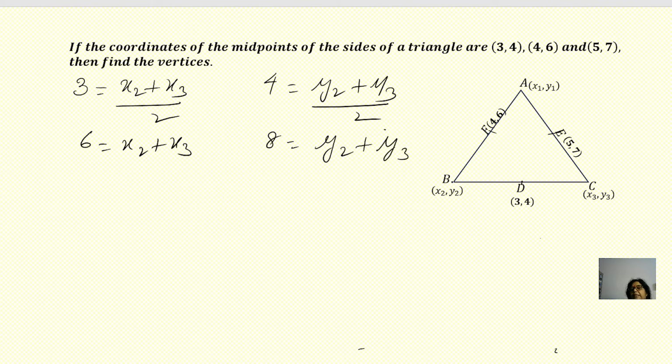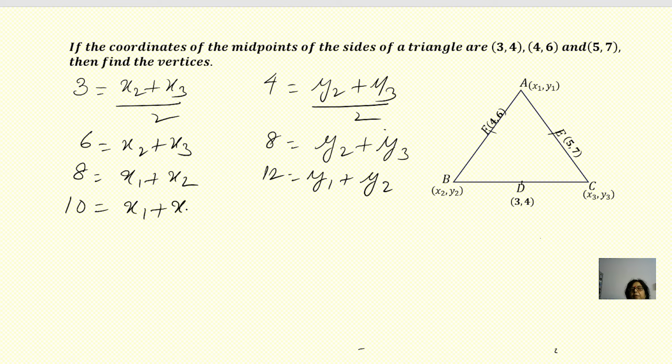Now we take the side AB, and in a similar way I can write down here 8 is equal to x1 plus x2 and 12 is equal to y1 plus y2. If we take the side AC, we'll get here 10 is equal to x1 plus x3 and 14 is equal to y1 plus y3.